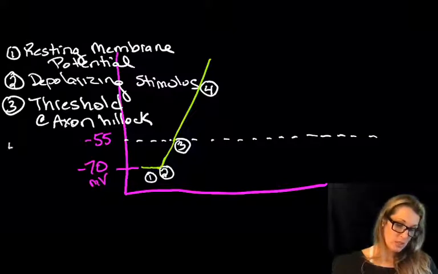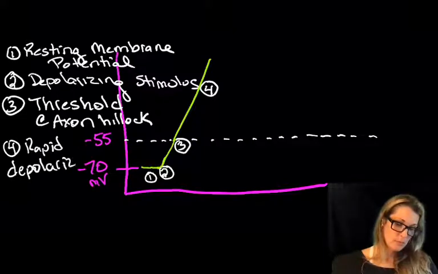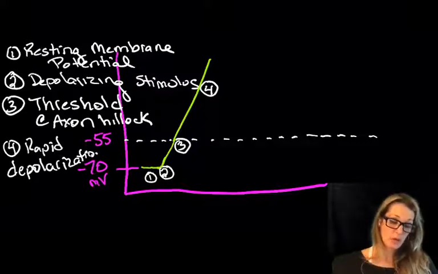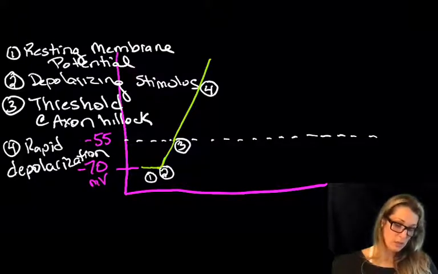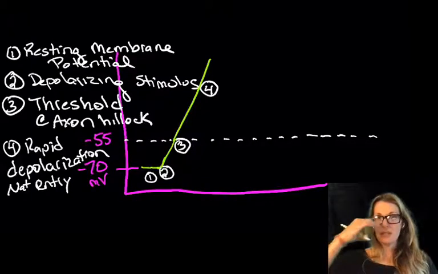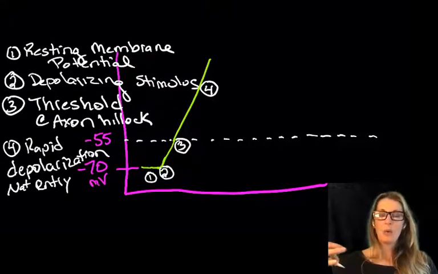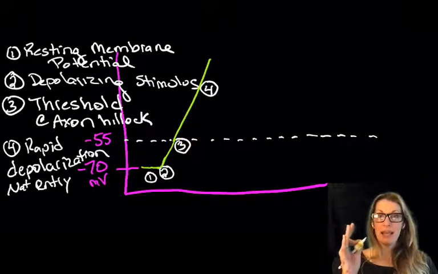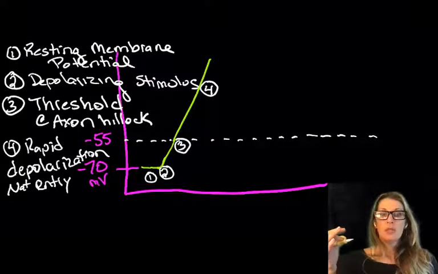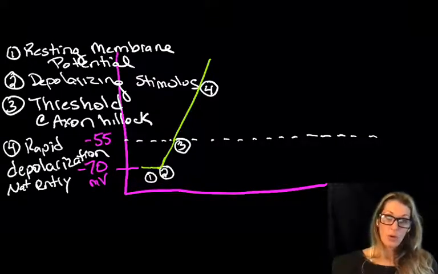Rapid depolarization is triggered by the entry of sodium. So we have a rapid flow of sodium into the cell. Now we are at the very beginning of the axon, just after the axon hillock. So now we're depolarizing, depolarizing, depolarizing.